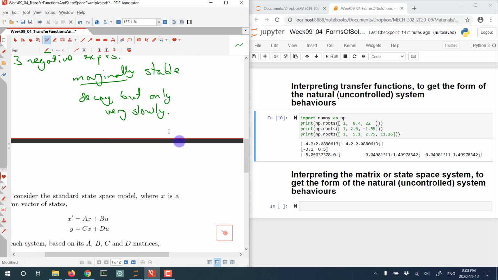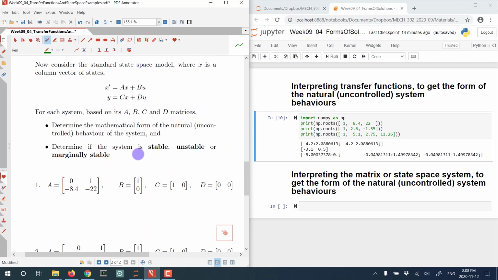Now it's worth mentioning that you've seen this kind of analysis before in 202, 203 mech, when you looked at systems of differential equations. Here we call it the state space as the control theory idea. And that's simply looking at x as some vector of states, and then you have all these matrices in here to quantify what the system is doing, just like the transfer function is one way to quantify what defines the system.